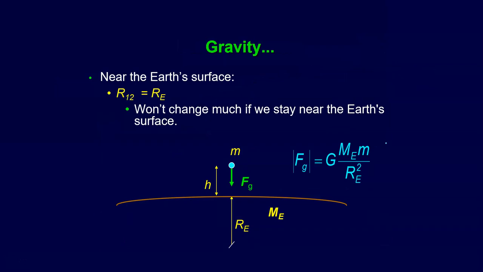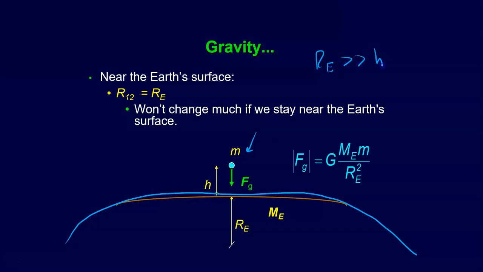Now, we'll deal an awful lot with forces near the Earth's surface. Here's a little picture of that. You can imagine this is the curvature of the Earth, and this is the object we're looking at, some mass m, with force Fg, at some height h, where r is the radius of the Earth. The radius of the Earth is in general much, much bigger than whatever height we can move this particle to.